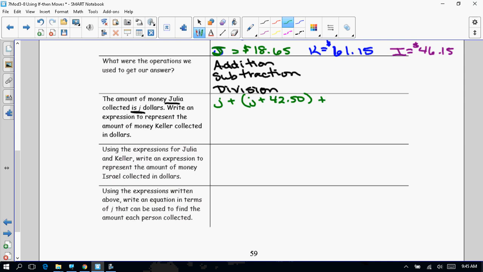And then we add that to Israel's money, and Israel's money is Julia's plus the $27.50. So there's Julia plus Keller plus Israel. And we know that this whole thing is going to equal $125.95. Okay, we could do it setting it up that way.